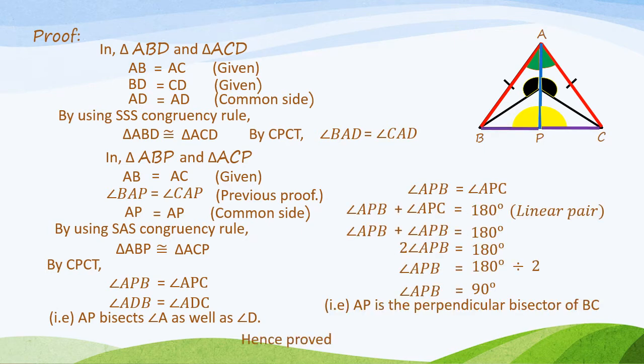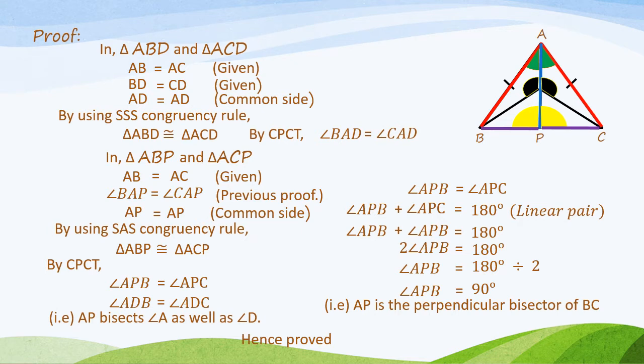Already we proved that angle APB is equal to angle APC, therefore angle APB plus angle APC is equal to 180 degrees. Now replacing APC by APB, angle APB plus angle APB is equal to 180 degrees. 2 angle APB is equal to 180 degrees.